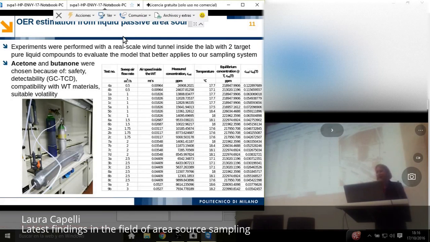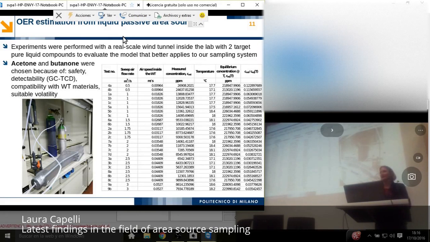I'm really convinced at the moment that they were too high because we based our calculations on wind tunnel measurements at the outlet of which we had 70 or 80 odor units per cubic meter, and you all know that's probably not very representative of the emission of odor from the landfill soil.